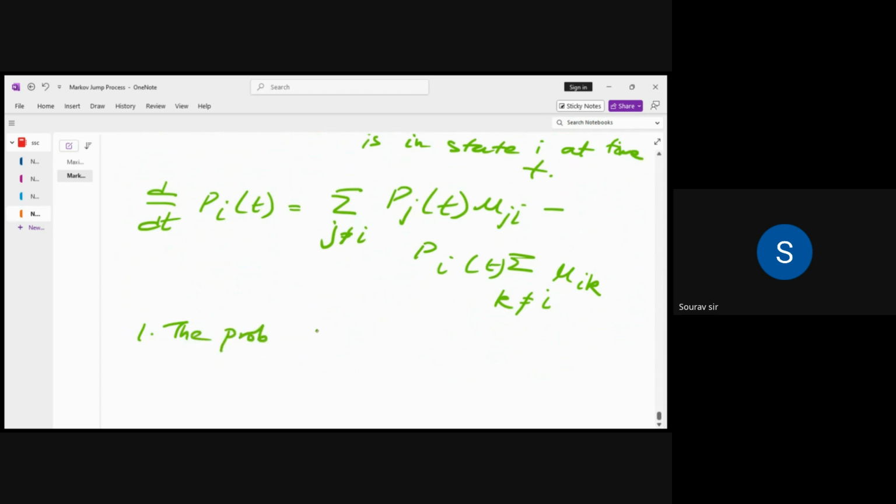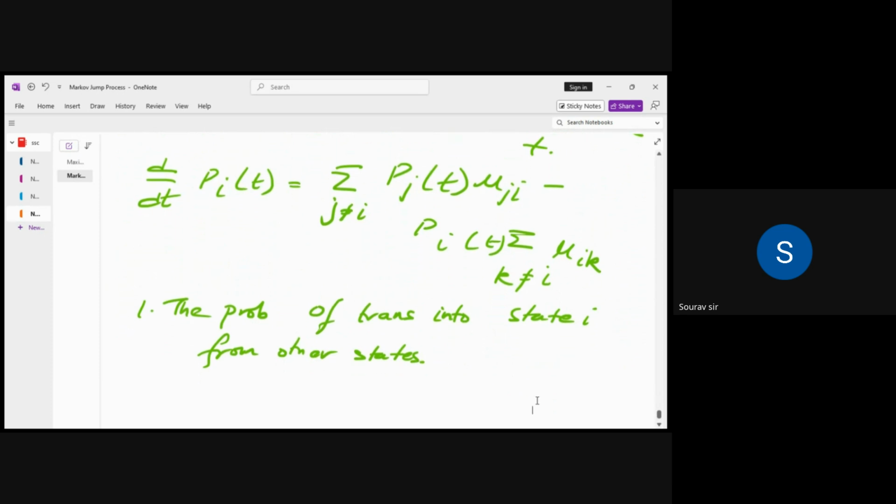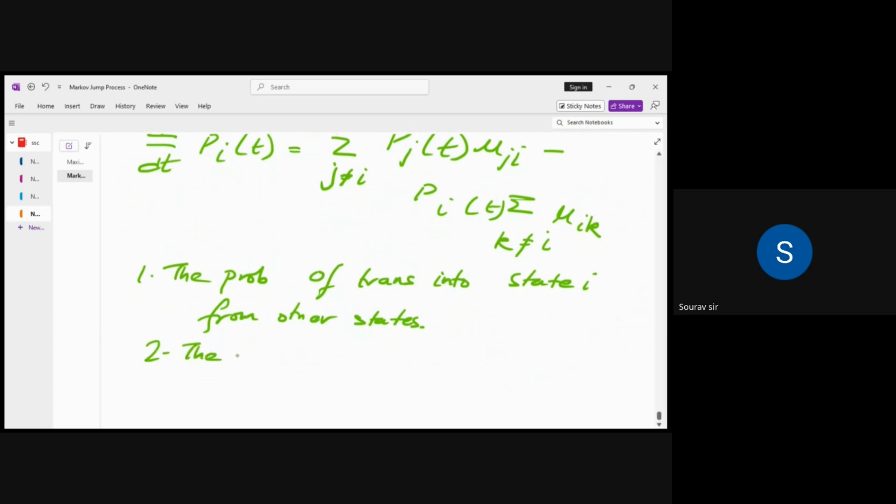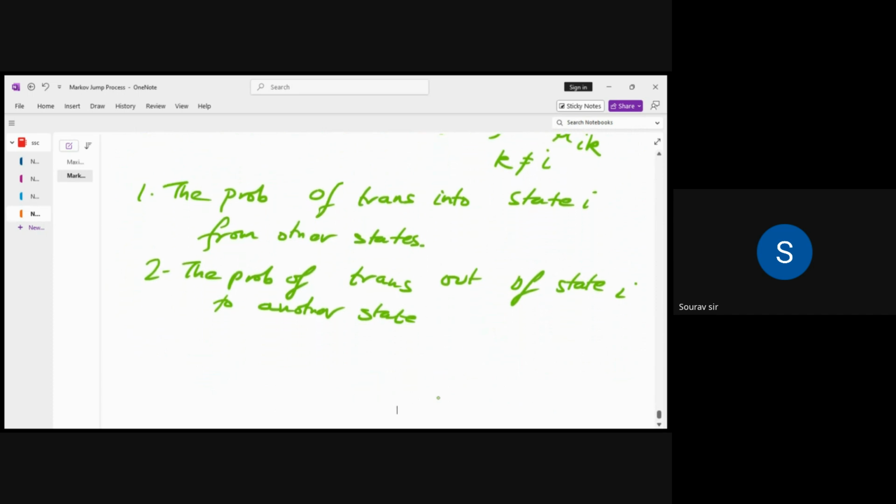First, the probability of transitioning into state i from other states, and second, the probability of transitioning out of state i to another state. So this probability evolves over time. It describes how the system occupies different states as it transitions.